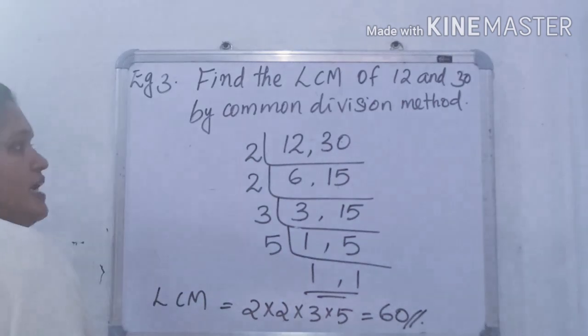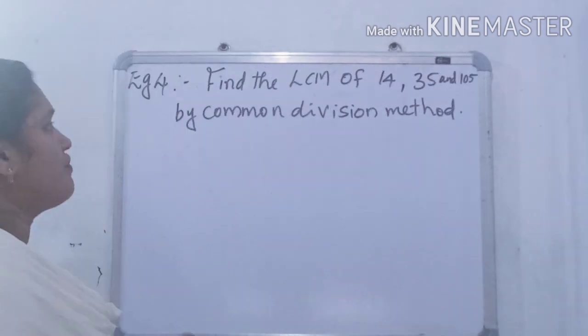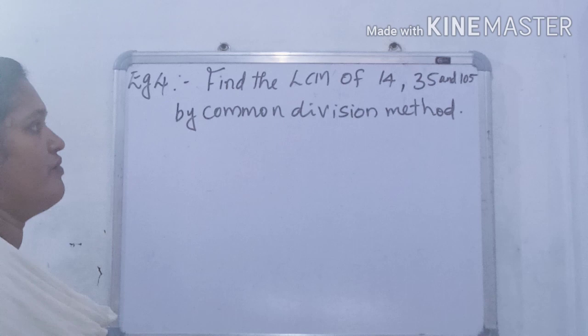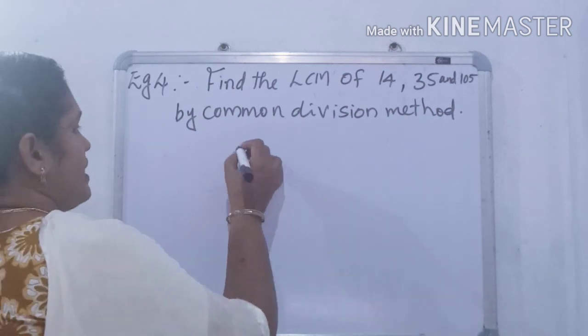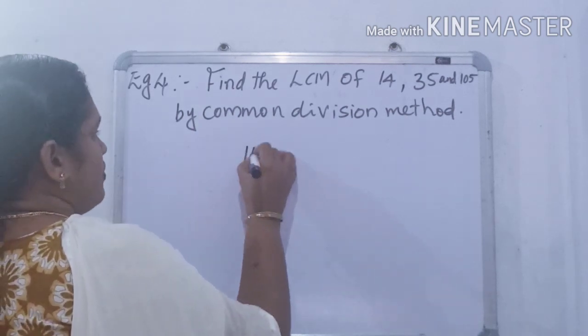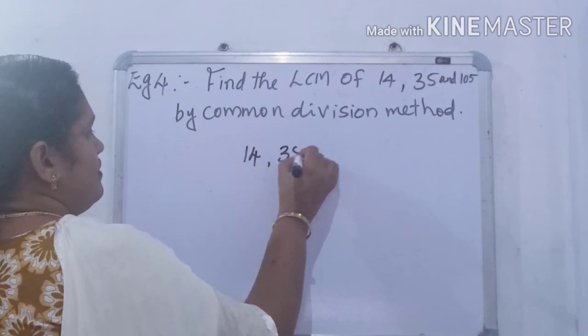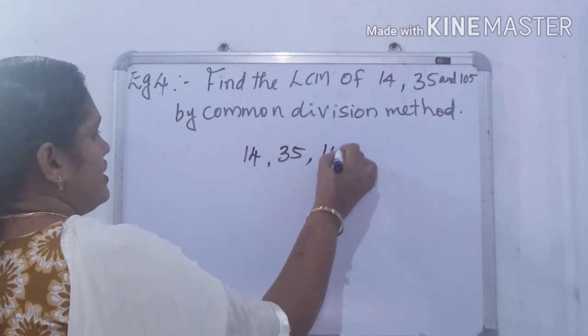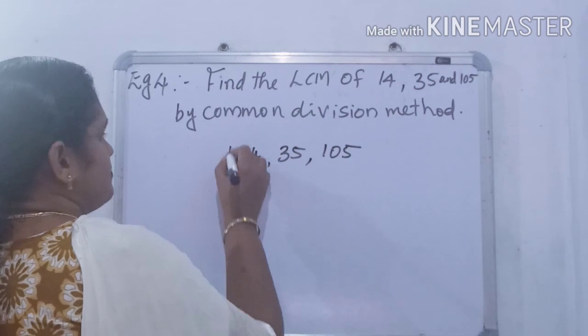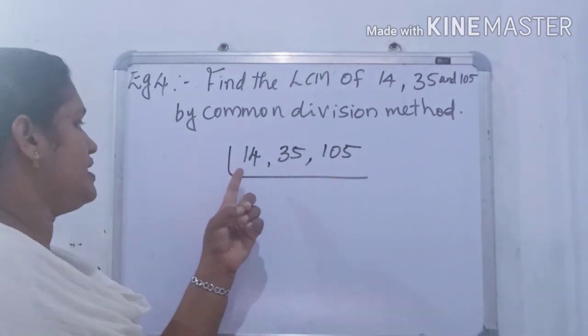60 is the LCM. Find the LCM of 14, 35 and 105 by common division method. First we can write the numbers together. 14, 35, 105. Here 14 is an even number.